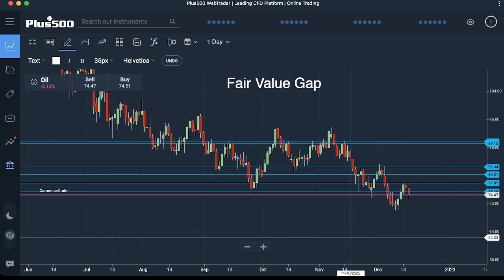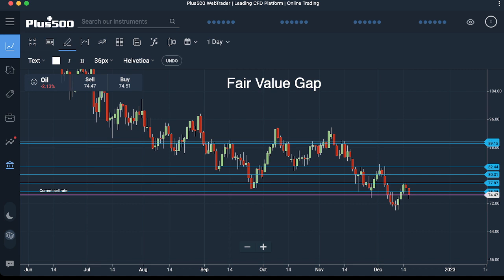These are actually some of the fair value gaps in the daily chart, because if I put all of them, it will be too crowded and you cannot understand the chart very well. So that's why I put some of them just for teaching purposes.